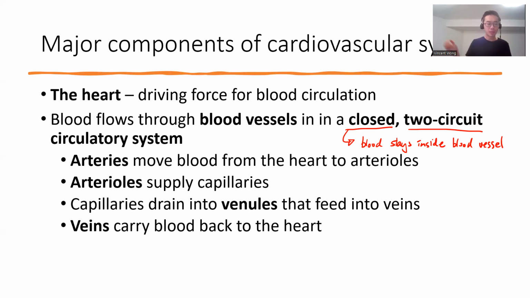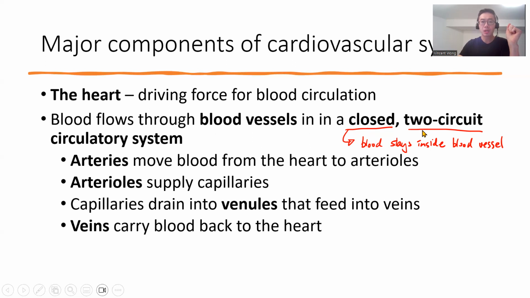Instead of blood vessels that distribute the blood, it is kind of like a pool, and the cells are just bathing in it to get the nutrients. So you know it exists. It's not uncommon actually. But for us, we have a closed circulatory system. The blood stays inside the blood vessels at all times.